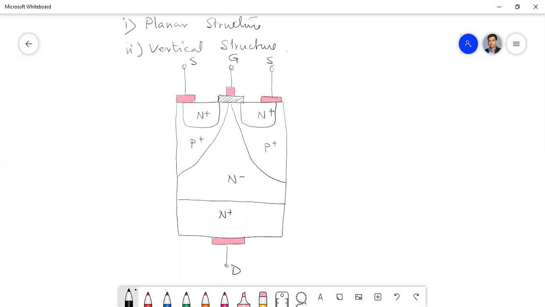Okay, so this is the vertical structure of an N-channel MOSFET. You know that there are two types of MOSFET available, N-channel and P-channel.